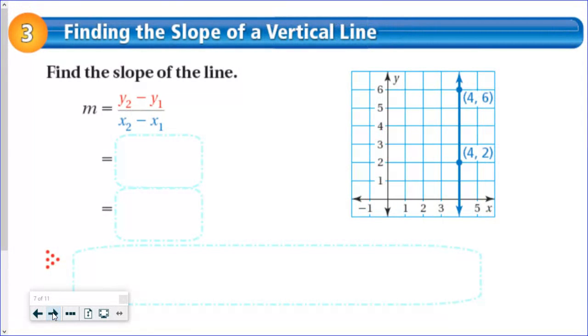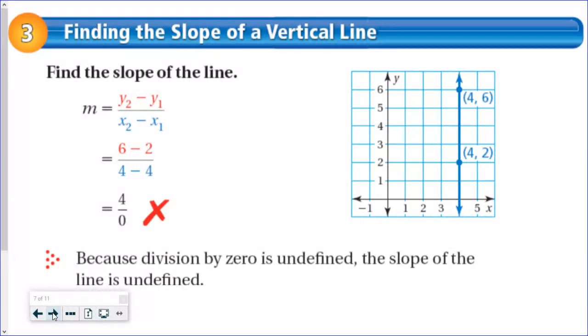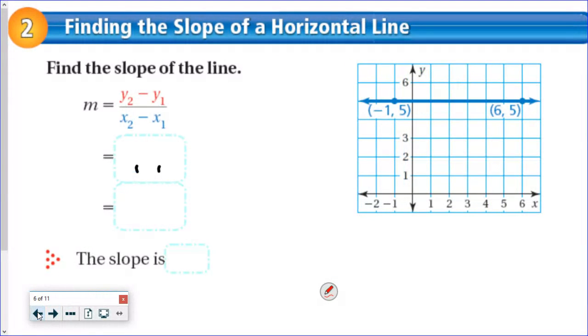Okay, now look at this one. What kind of slope is this? So if I do y minus y over x minus x, it gives me 4 over 0. If I put this in my calculator, 4 divided by 0, it's going to give me an error. An error means undefined. It's like his nose. This was a 0 slope.